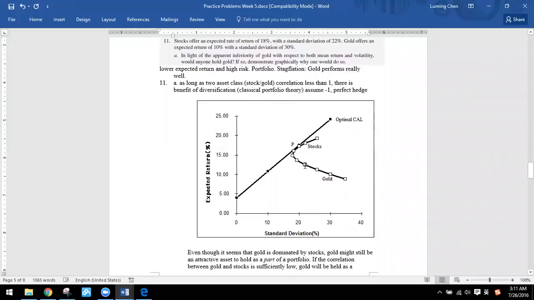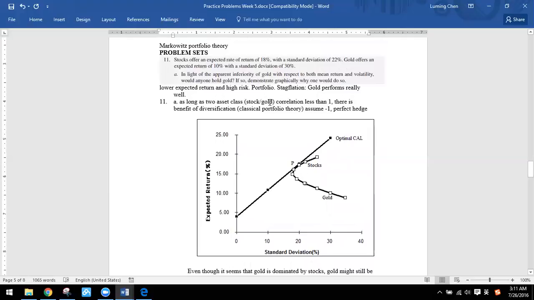So from the graph, we can see that to construct the efficient frontier, we need two assets whose correlation is less than 1, and stocks and gold are the two assets, and they construct the efficient frontier.